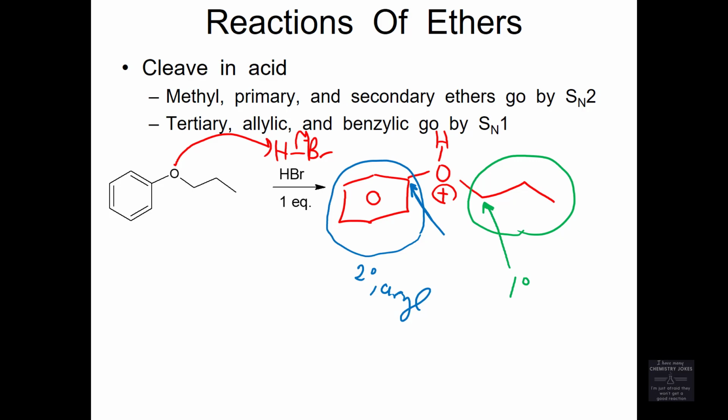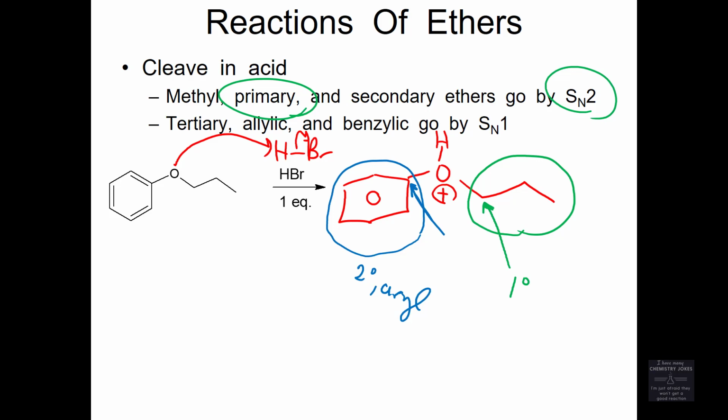Aryl does not do substitution, so we're not going to bother this blue side whatsoever. My list says primary wants to do SN2. So what that means is the primary side gets SN2'd upon and lets go of the oxygen.